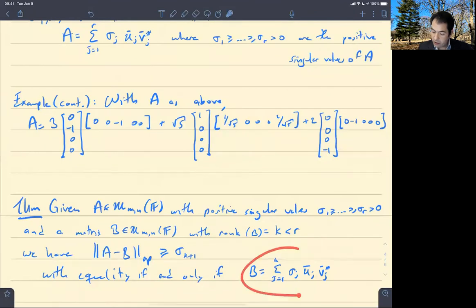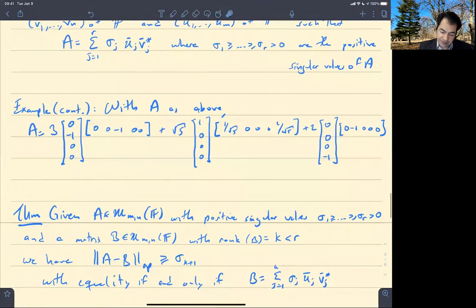And this matrix, notice, is exactly, take the sum that gives you A for the singular value decomposition, and instead of summing all the way to R, just sum until K. Right, so just truncate this sum when you've reached whatever rank you want, and that's the best approximating matrix of that rank to the matrix you started with.